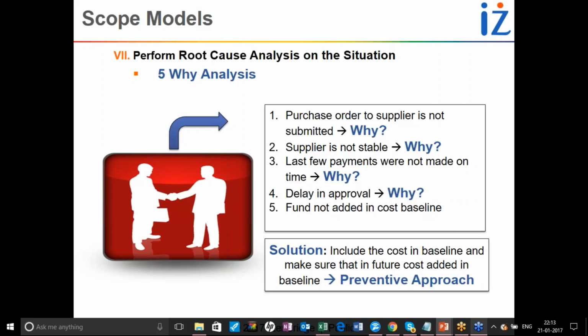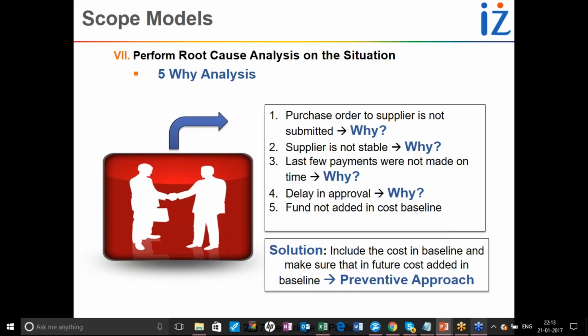That's why you are not making payments on time, and that's why the supplier is not stable, and your purchase order is not submitted, because you know that the supplier is not good. But the actual reason is that the fund is not added to the cost baseline.